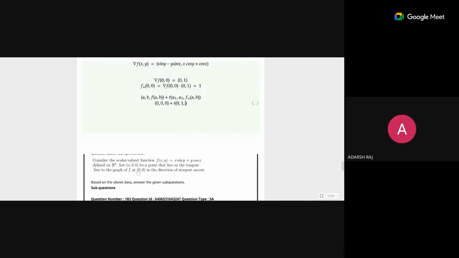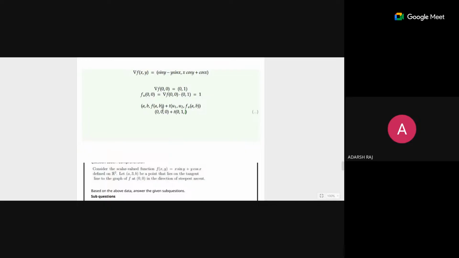Sir, I'm getting confused. Can you please explain it again? So here basically we have to find the tangent line at 0 comma 0 in the direction of steepest ascent. So here our unit vector is what? The direction of steepest ascent, this 0 comma 1.